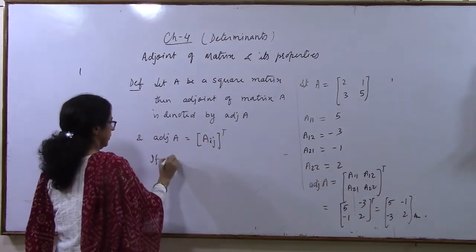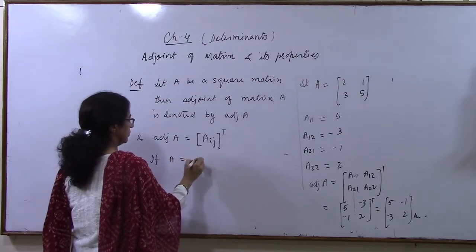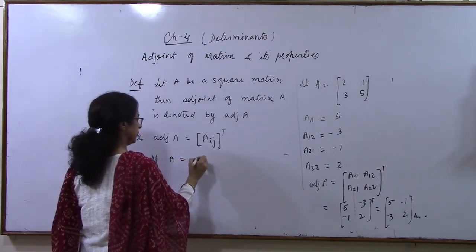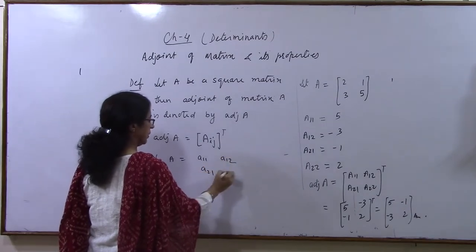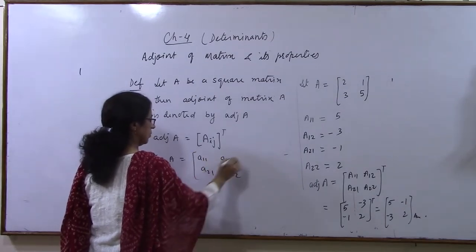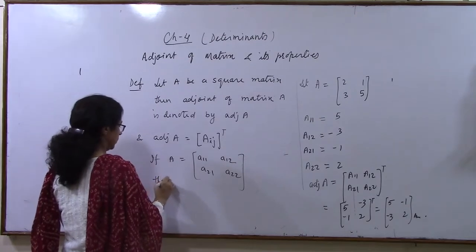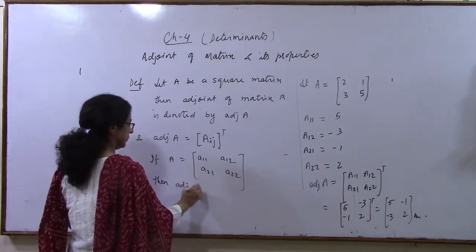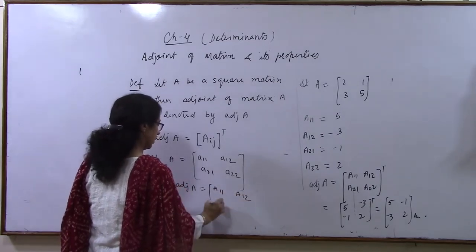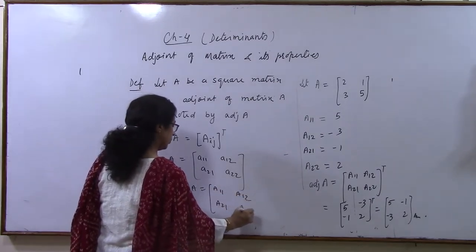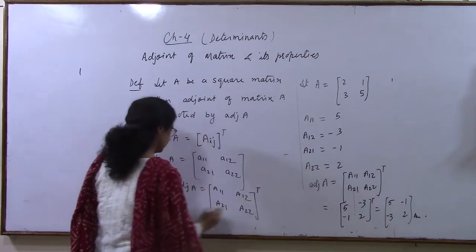If matrix A equals [a11 a12; a21 a22], then the adjoint of A is [A11 A12; A21 A22] whole transpose.